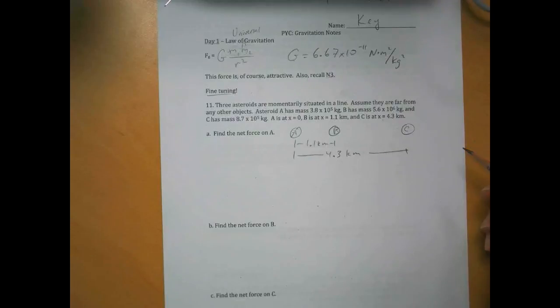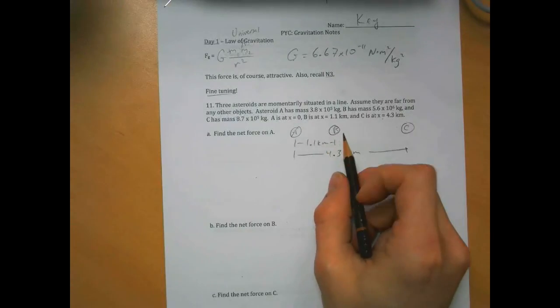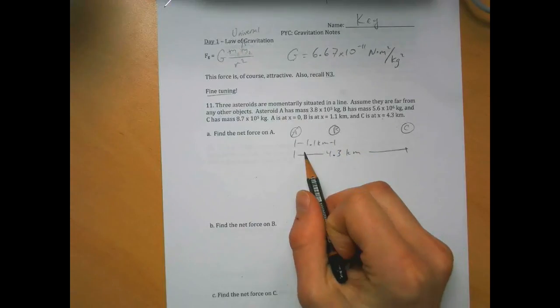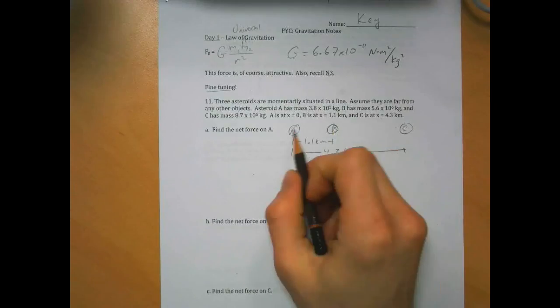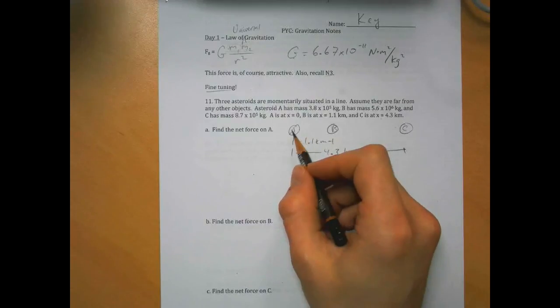So if we want to find the net force on A, what forces would contribute to that? The gravitational force would be from B on A and from C on A. And what direction is the force of B on A? To the left?